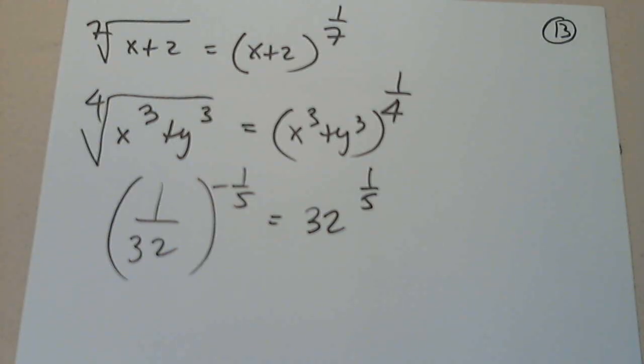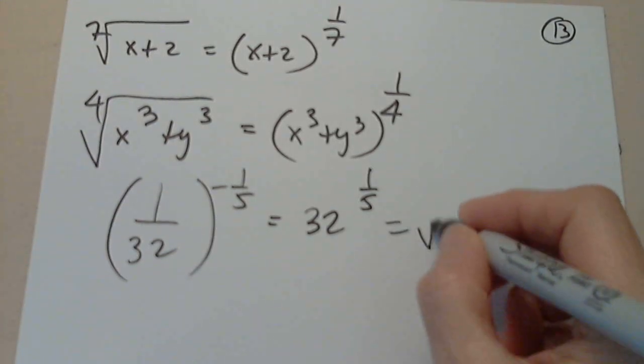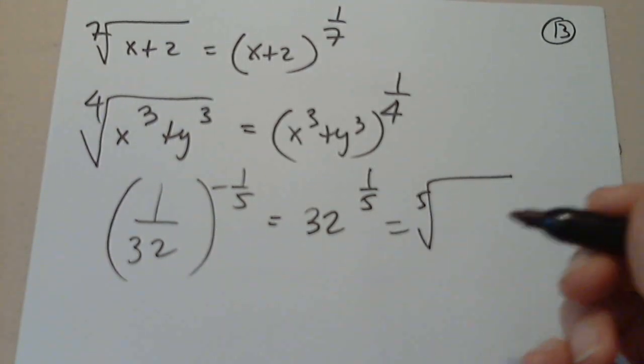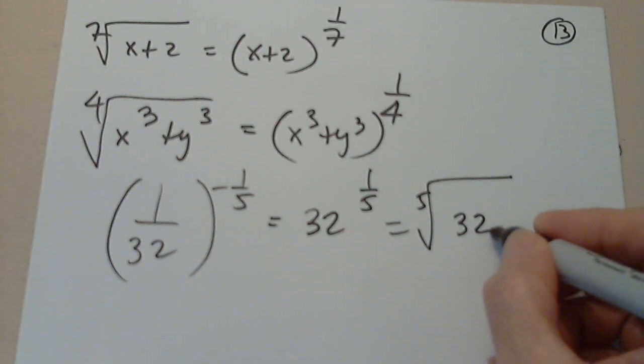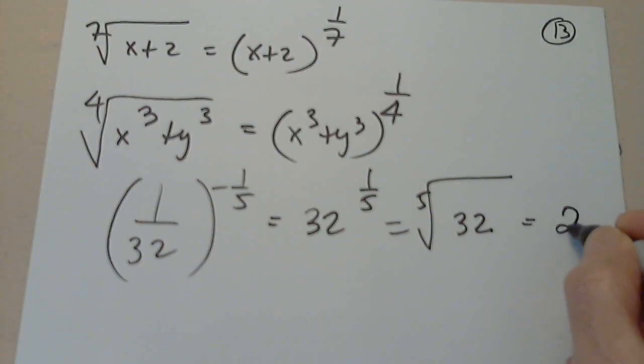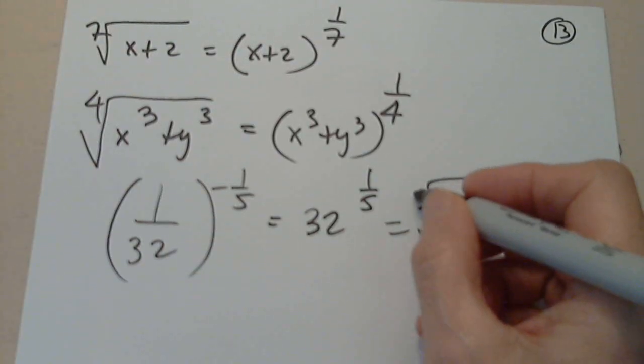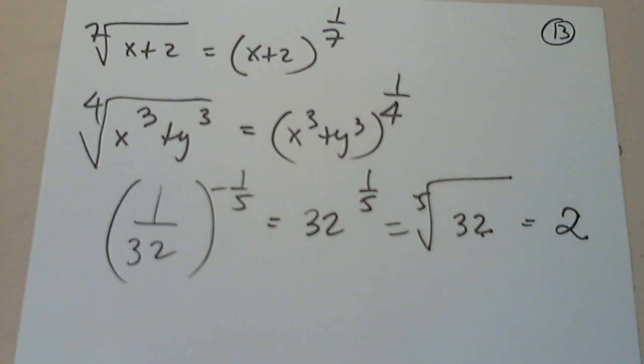And then you get the 5th root of 32. And we know that this is 2 because 2 raised to the 5th power is 32.